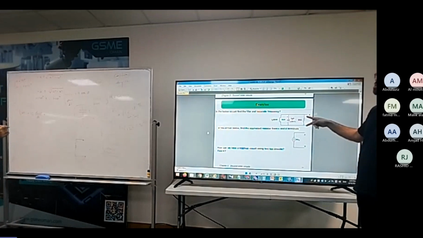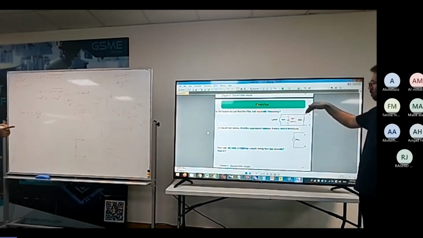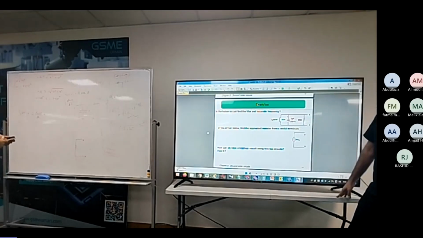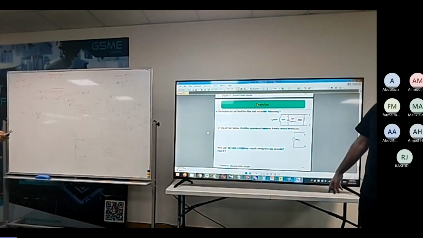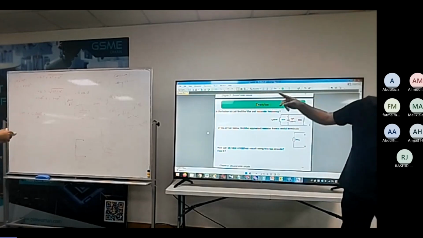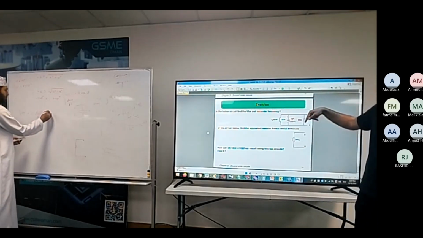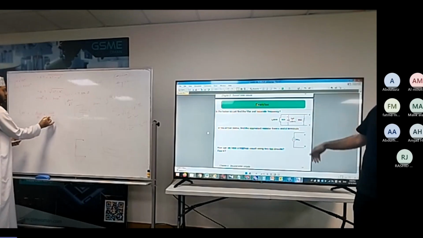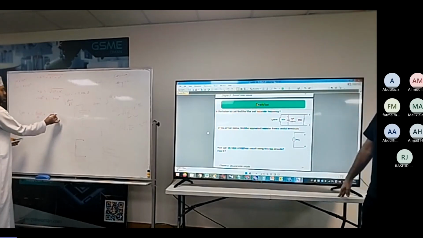How much is this voltage? It's 1. VC0 over 50, which is 1 over 50. Right now, write VC0, and after that you will replace it.